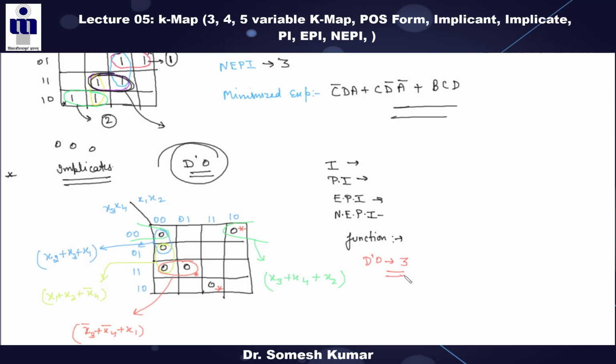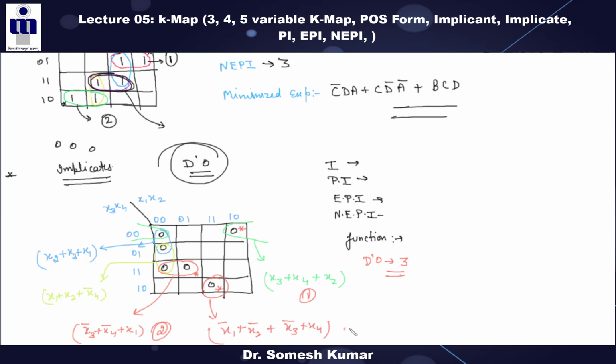So how many EPI? This is your first EPI. What is the second EPI? This is your second EPI. What is the third EPI? This one, right? And what is the value of this EPI? What is the value? X1 bar plus X2 bar plus, right?